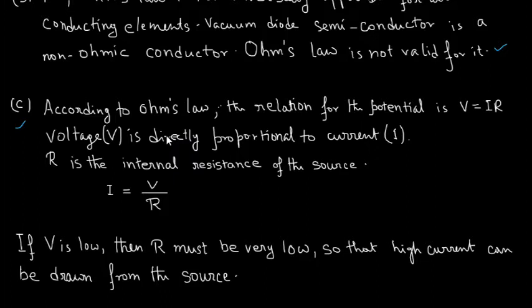Voltage V is directly proportional to the current I. R is the internal resistance of the source. I is equal to V upon R. If V is low, R must be very low, so that high current can be drawn from the source.